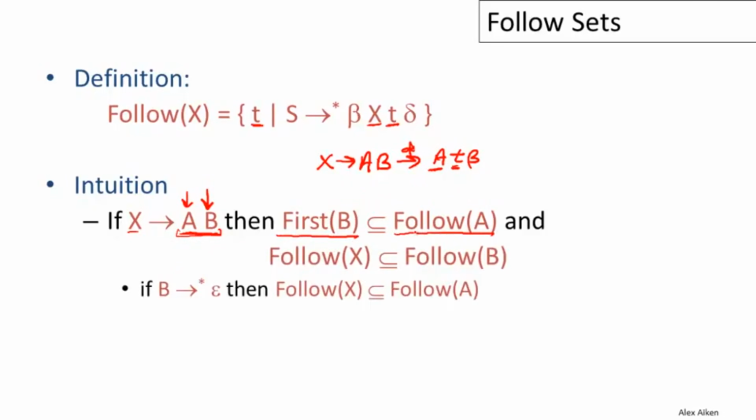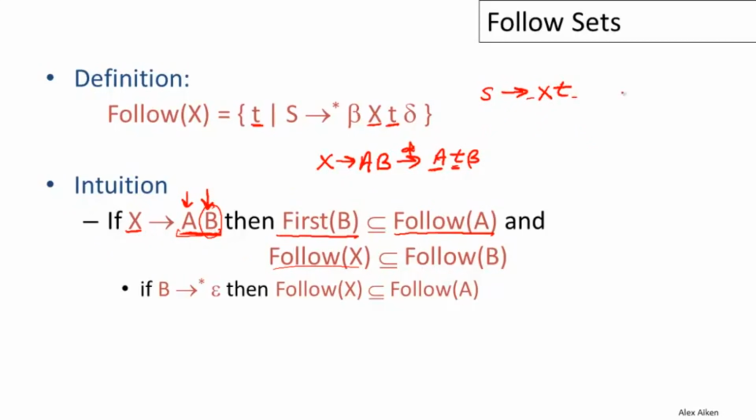Okay. Now, another interesting fact here is that if we have a symbol at the end of a production, let's take a look at the B here for a moment, okay? I claim that anything that's in the follow of the left-hand side is going to be in the follow of B. In this case, the follow of X is a subset of the follow of B. Let's say that we have a derivation from the start symbol, and we wind up with X followed by T. There can be other stuff around the X and the T, but let's just focus on the XT.